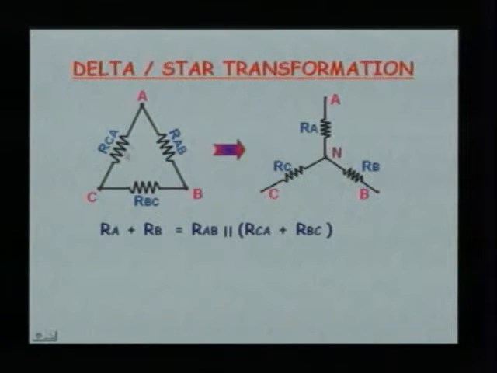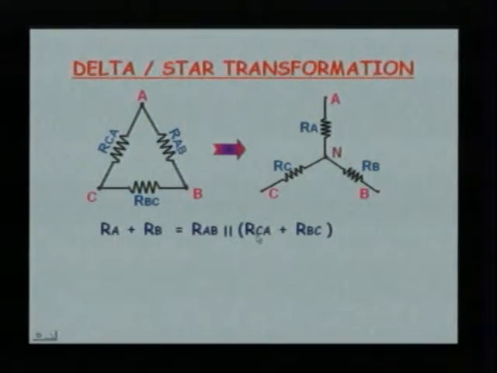These two are connected in series. This terminal is kept open, that is there is no connection. So, these two come in series, which is represented by RCA plus RBC. This combination is in parallel with RAB. So, we have got RA plus RB is equal to RAB in parallel with RCA plus RBC.